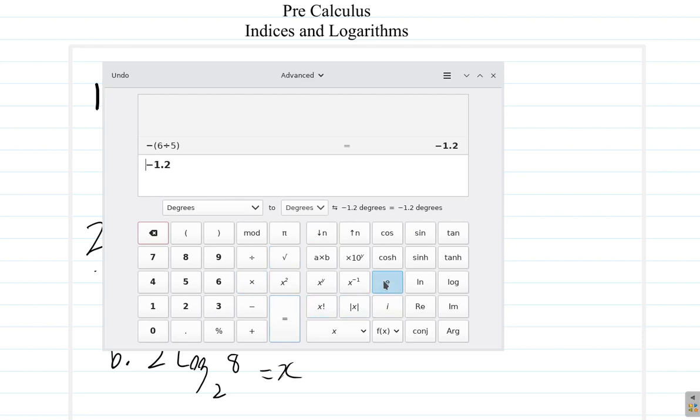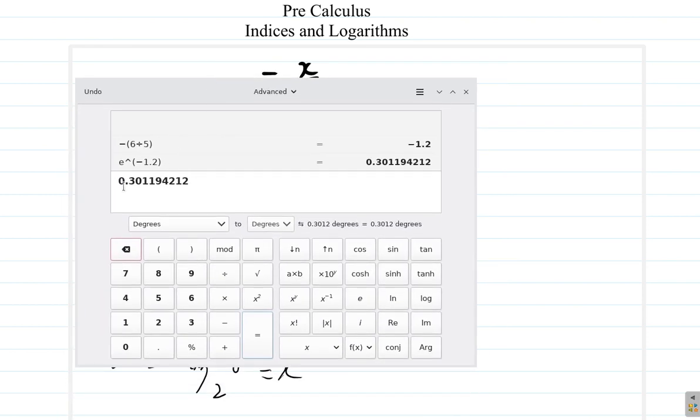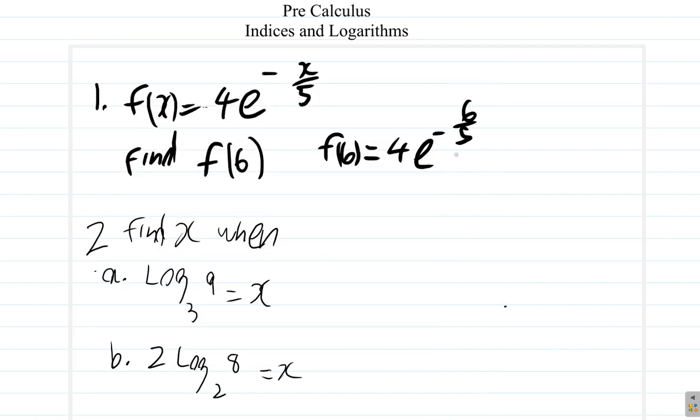We have e raised to the power of negative 1.2 equal, and that is 0.301. Multiply that by 4, 4 times that equals, I will get 1.2. Alright? So our answer here is equal to 1.2.